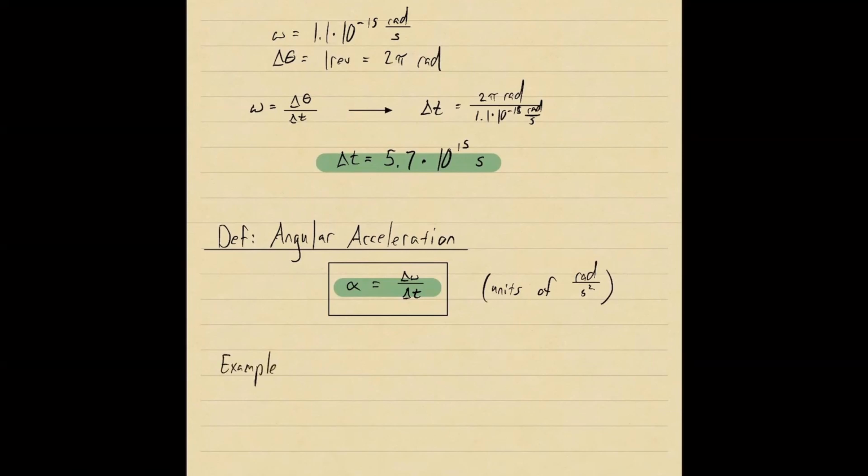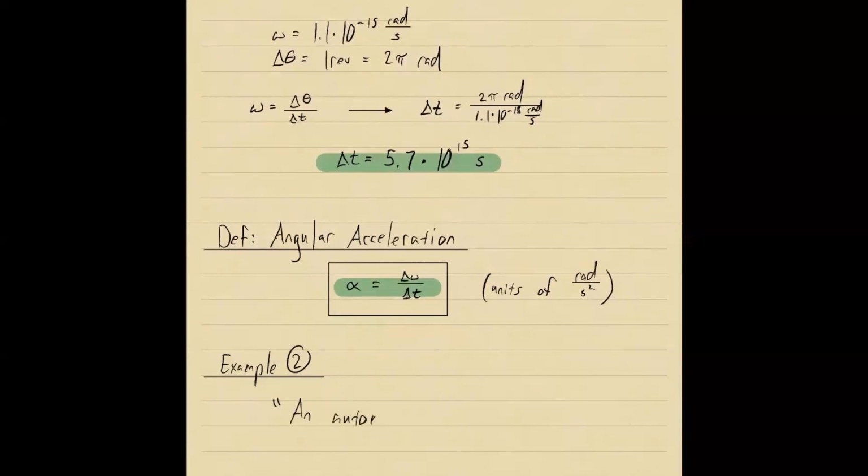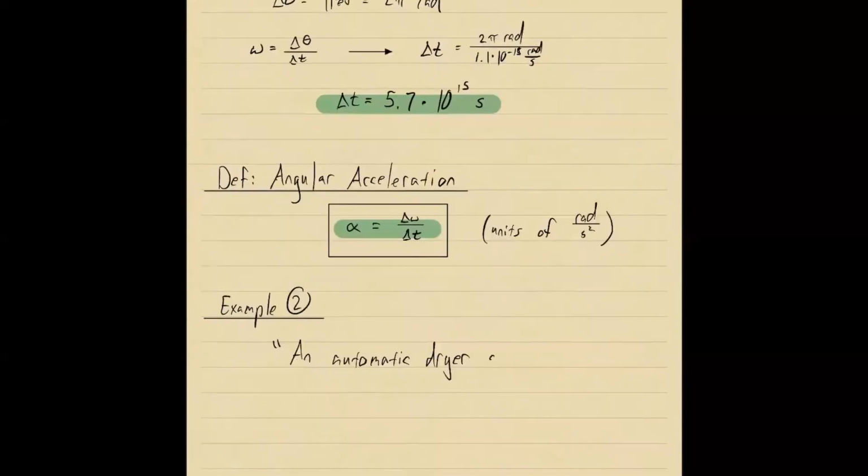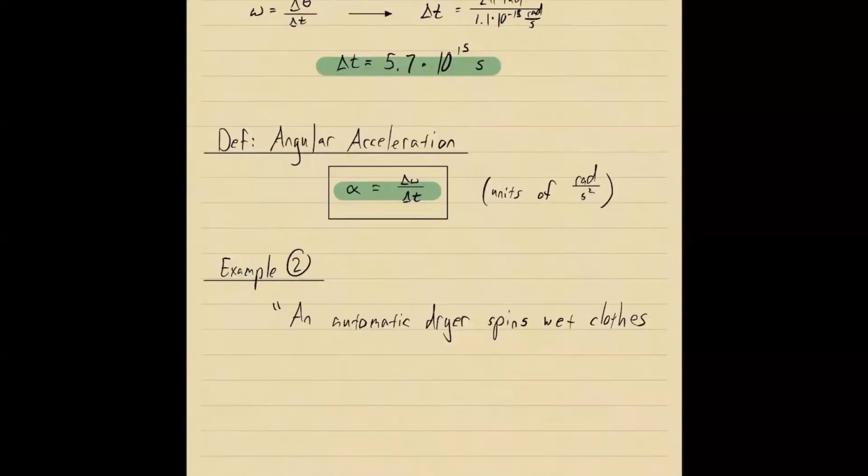So example 2 says that an automatic dryer spins wet clothes at an angular speed, which is just the magnitude of the angular velocity.